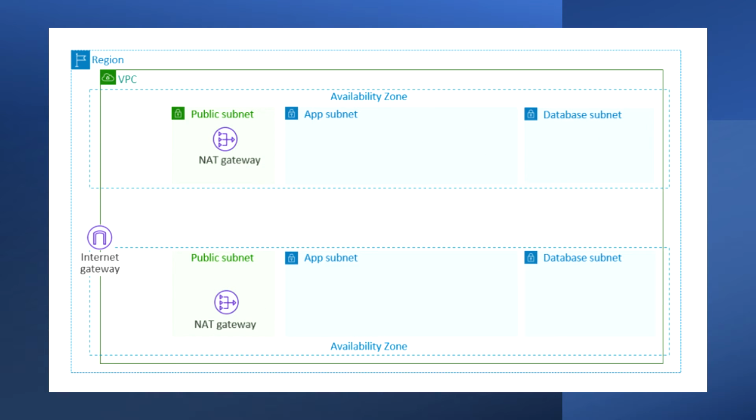Okay, so in task one, we'll review and run a pre-configured CloudFormation template. In this task, we'll design and deploy a highly available and scalable deployment of the WordPress application stack. We'll use a CloudFormation template to deploy the networking resources required to support the application.